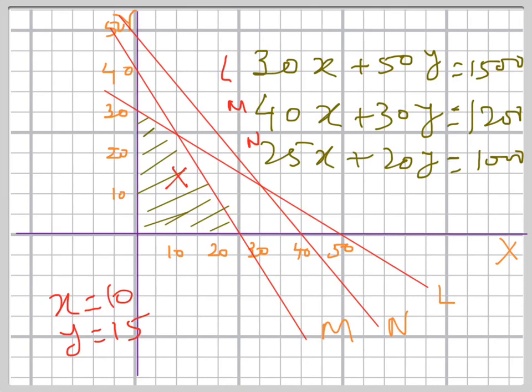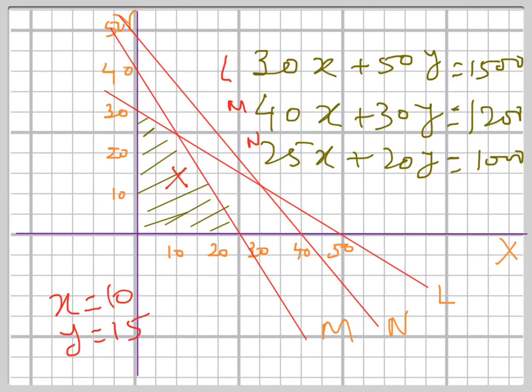Obviously x and y both are greater than equal to 0, and if you substitute x equal to 10 and y equal to 15 in this, then x equal to 10 means 300, and here 50y will be 750. So you have 1050, that is less than 1500, so that's good.